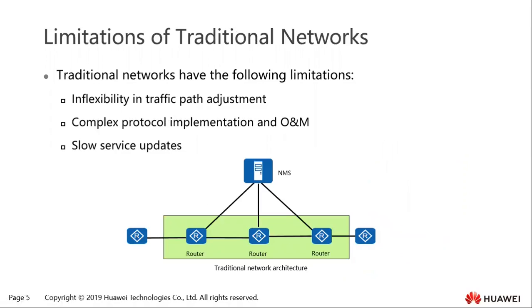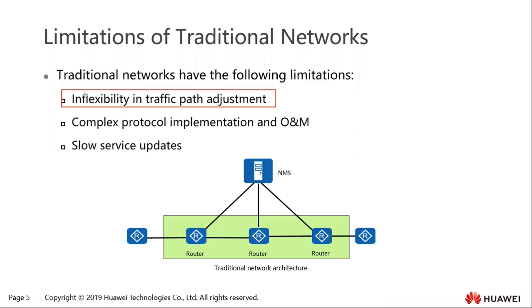Now, what are some of the limitations of traditional networks? The first problem is inflexibility in traffic path adjustment. We just said that because everyone calculates their routes independently, you cannot have a global picture of the entire network segment.